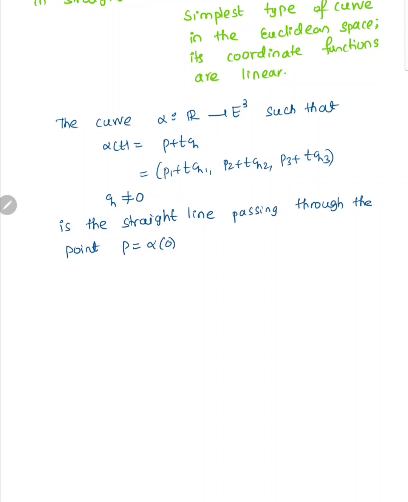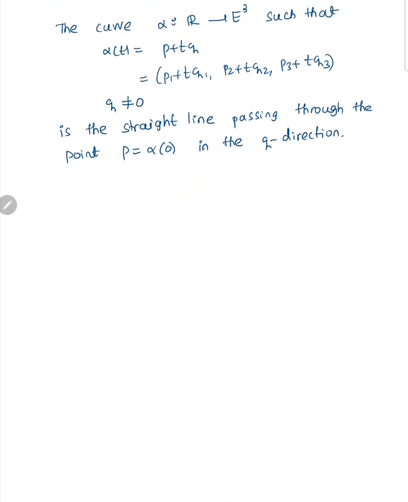So P is equal to alpha of 0, which is in the direction of the point Q. Thus any straight line passing through the point P in the direction of Q is given in terms of a function alpha from R to E3, such that alpha of t is equal to p plus tq. So it is depending upon a single variable t.